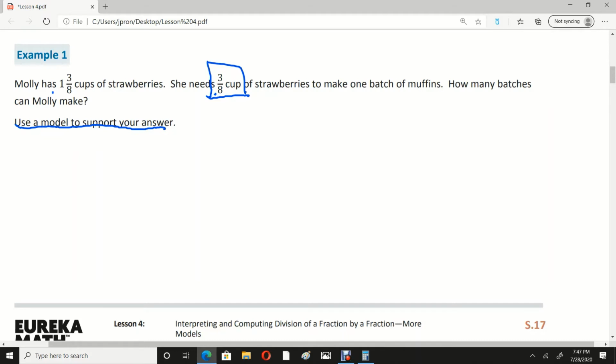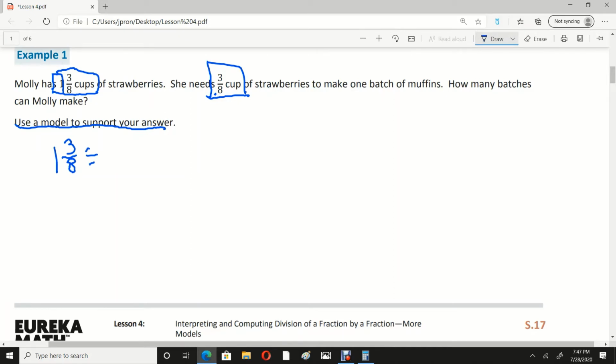Well, we know that Molly has 1 whole cup and 3/8 cups of strawberries. So what we need to do is divide what she has, her dividend, the total amount that she has, 1 3/8, divided by the amount she needs to make a batch of muffins, 3/8.